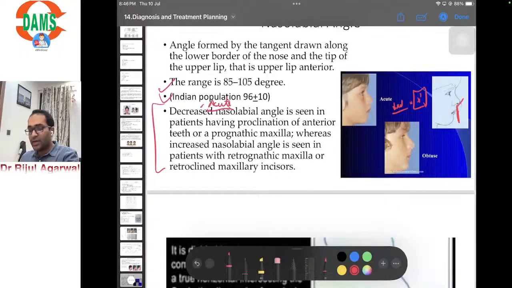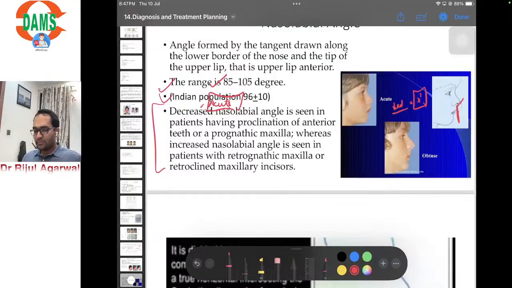Please do remember this one, acute. Because what students get confused about is that the range is 85 to 105 degrees, so already 80-90 degrees, acute, is a value less than 90. So don't take it like that. In mathematical terms, the examiner's meaning is that acuteness means decrease, obtuseness means increase. In mathematical terms I understand that less than 90 is all acute, above 90 is obtuse. Okay.